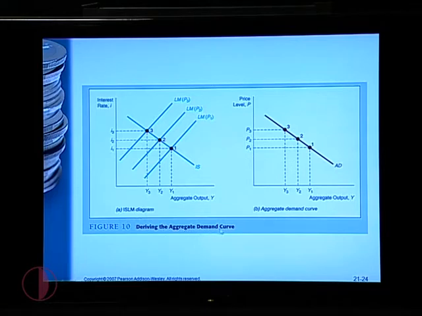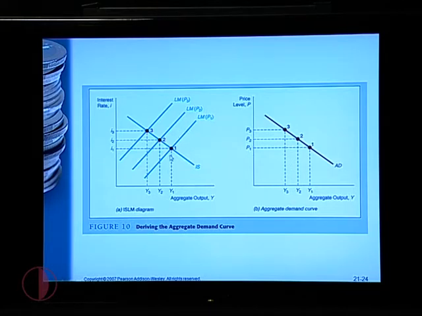Deriving the aggregate demand curve. At this lower level of interest rate, which is point 1, a certain Y1 level of aggregate output is achieved. But when it increases to I2, Y2, then the level of output decreases, and so also up to Y3. But what happened to the LM?